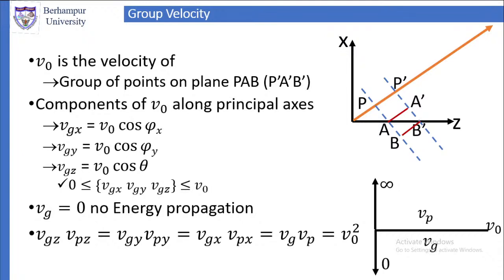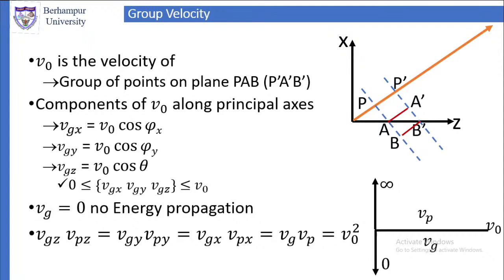If I draw the velocity on the axis, one side, the top of the axis moves towards infinity, the bottom moves towards 0, and there will be a point which is equal to V0. There will be a line dividing Vp and Vg.